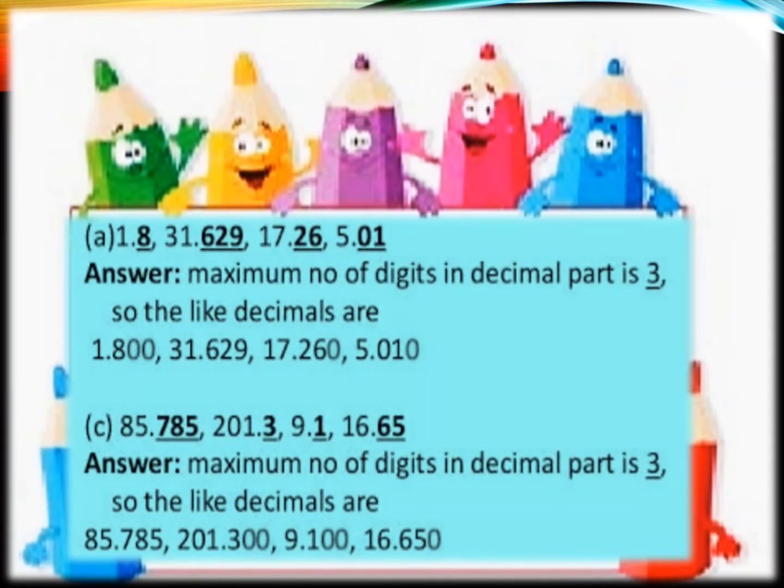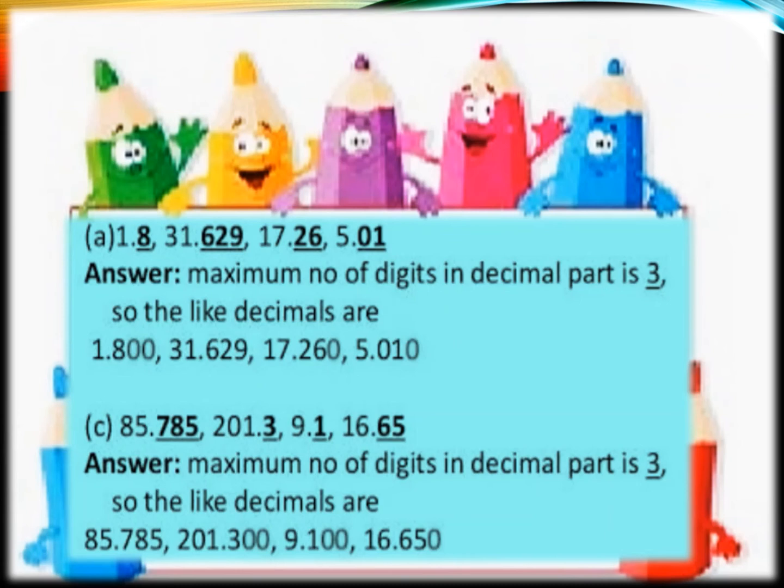Now let us compare the decimals here. Example A is 1.8, 31.629, 17.26 and 5.01. The maximum number of digits in the decimal part is 3, that is 31.629. Observe it very carefully. So what do we have to do? We have to make them like decimals.